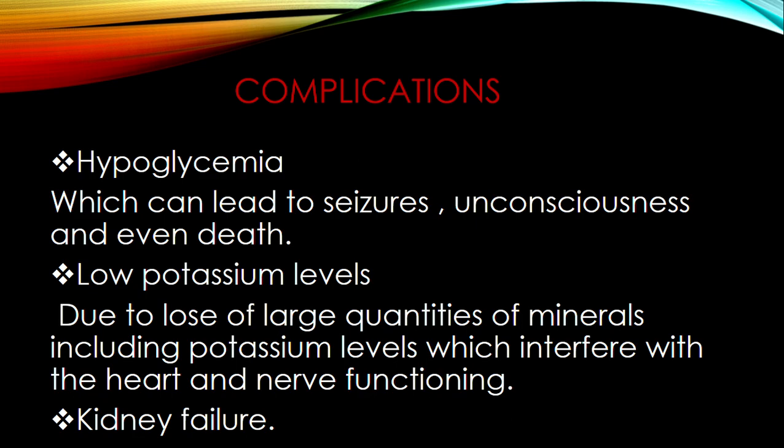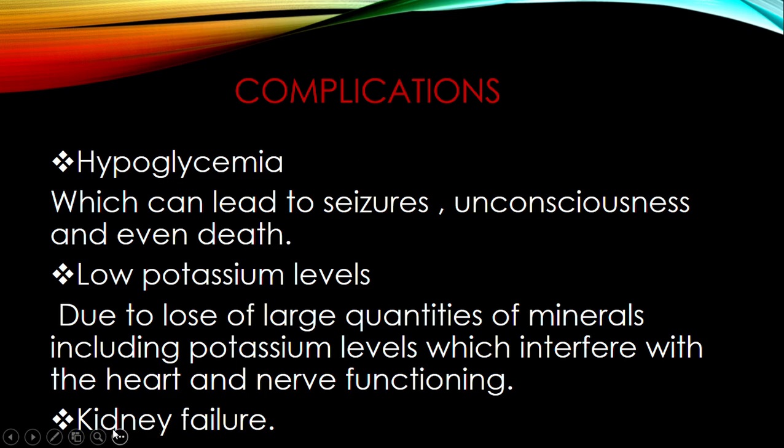With all these electrolytes being lost, this person is at high risk of suffering from reduced amounts of these electrolytes, including potassium. And if the person loses a lot of these electrolytes, the functioning of the heart and the nerves is going to be disturbed as well.